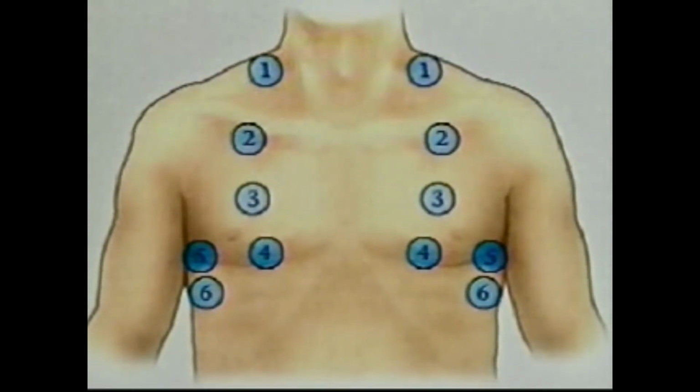Percuss the anterior thorax in symmetrical areas, proceeding from the supraclavicular area down to the 6th rib or below. Again, compare both sides. Identify your percussion notes and their locations. You should hear resonance over the anterior lung fields.